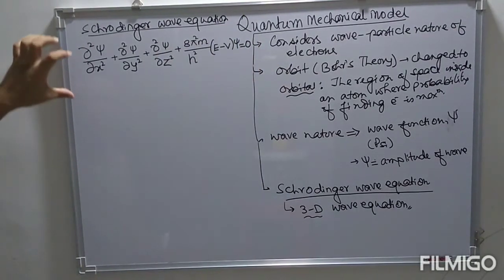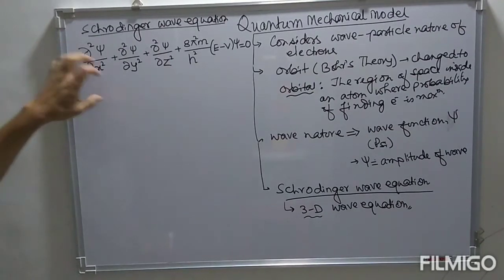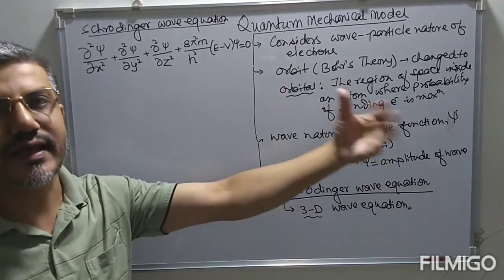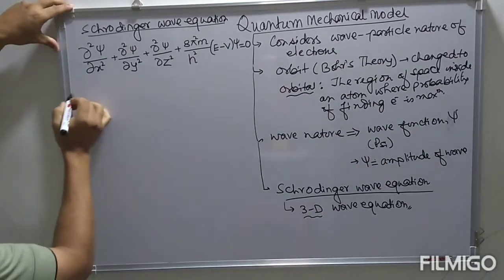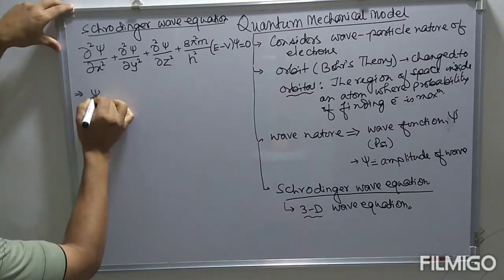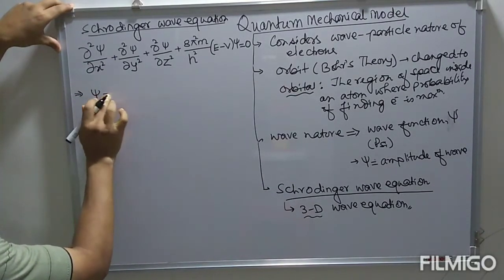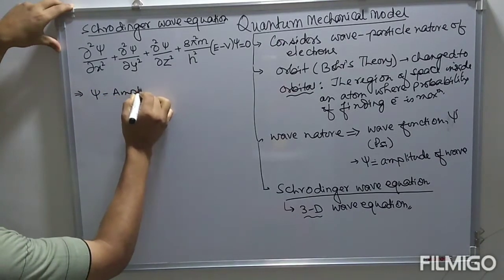So this is the three-dimensional wave equation which represents the electron in an atom. As I have mentioned, this psi represents the amplitude of the wave.